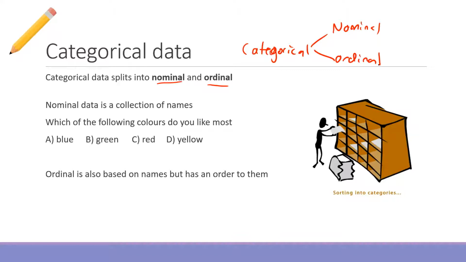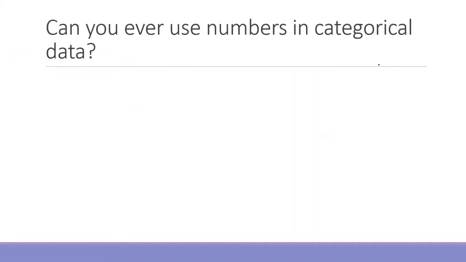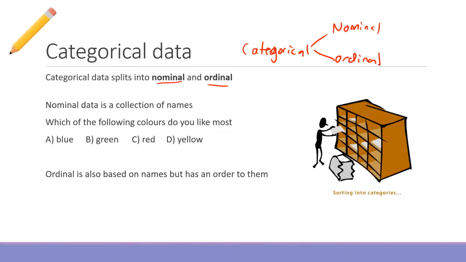Ordinal is also based on names, but it has an order to them. Anything that has an order to it. So what's an example of some ordinal data?